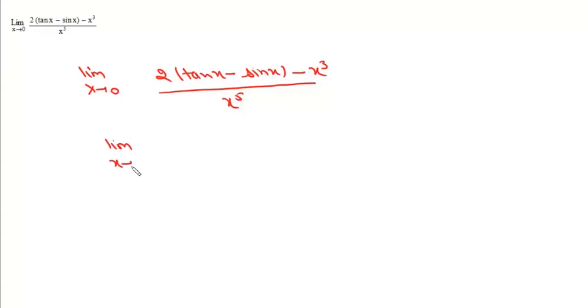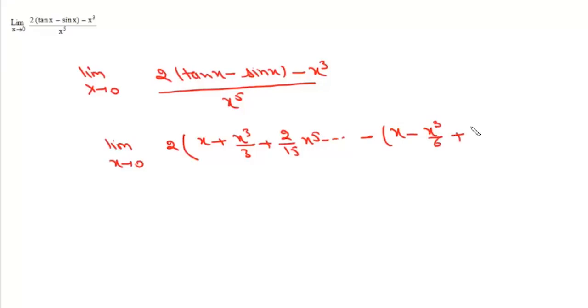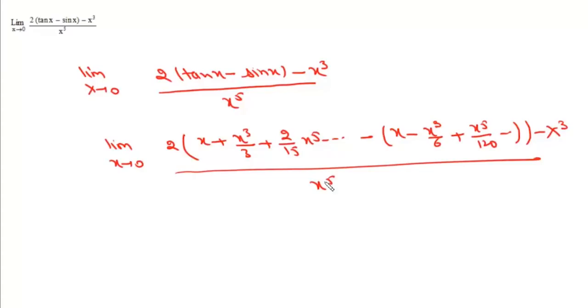So this is limit x tends to 0, and this is 2 times x plus x cube by 3 plus 2 by 15 x to the power 5, minus, now sin x is x minus x cube upon 6 plus x to the power 5 upon 120, and it will be this minus x cube, whole divided by x to the power 5.